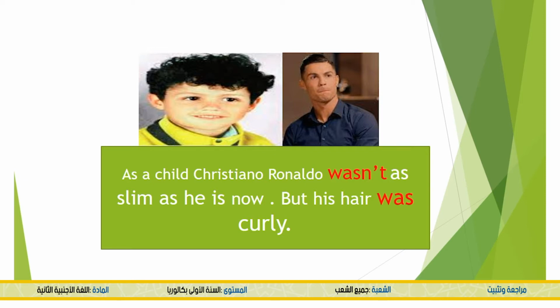As a child, Cristiano Ronaldo wasn't as slim as he is now. Yes, look at the picture. He is slim. But when he was a kid, he wasn't as slim as he is. Look at his hair. Exactly. His hair was curly. And now his hair is not curly. It's a bit short.